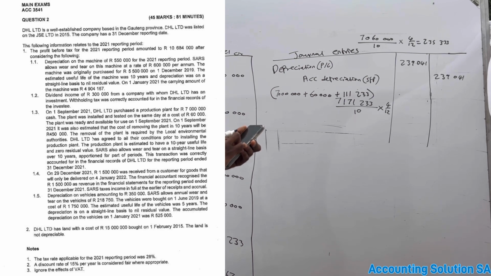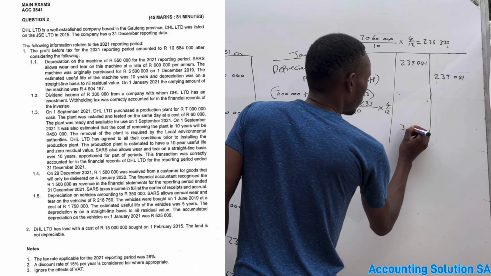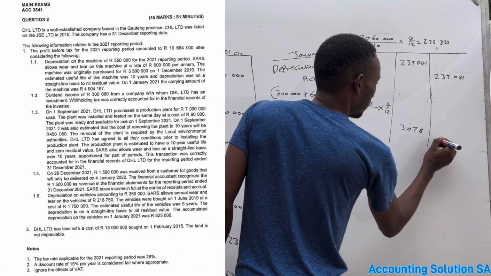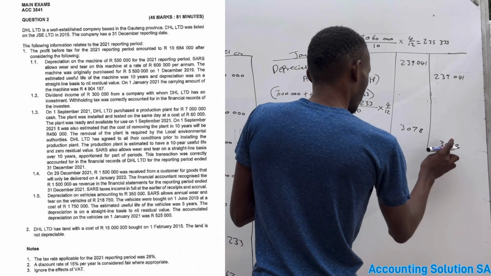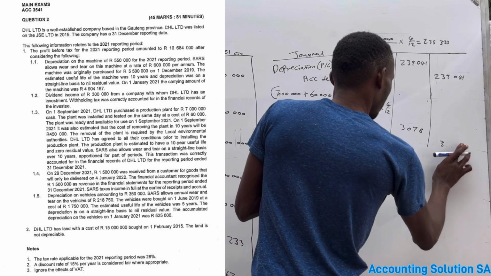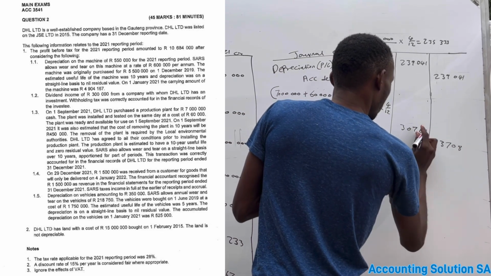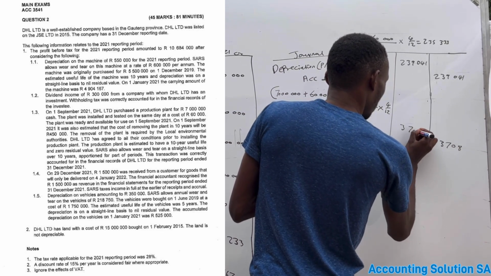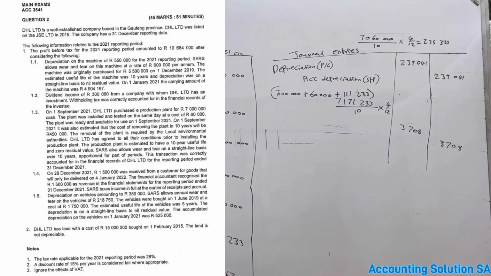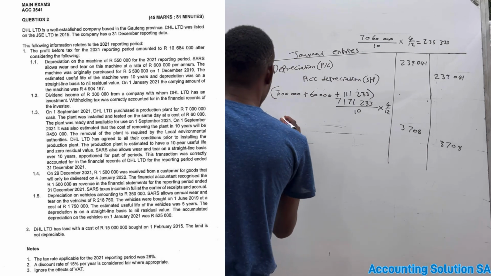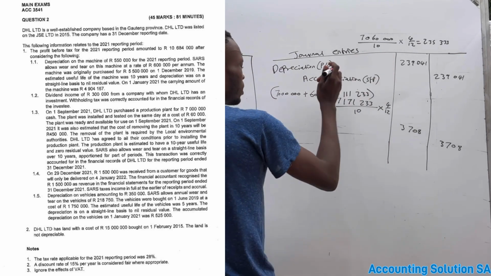minus 239,041. That gives us 3,708. This will be like the previous one, so we're going to have a liability because our depreciation is less.